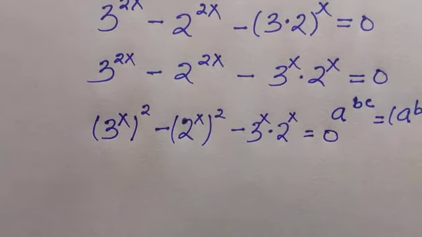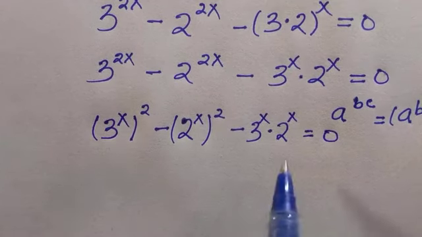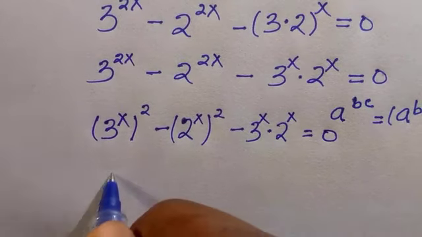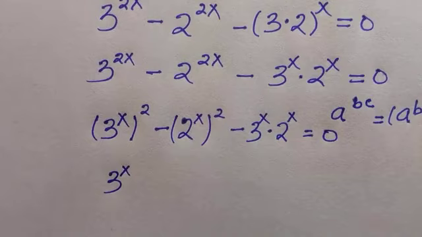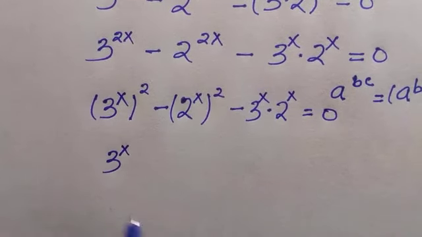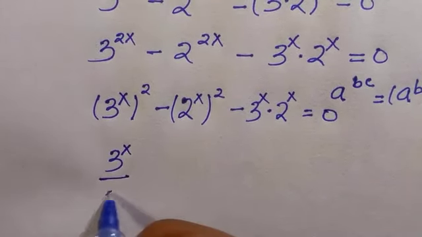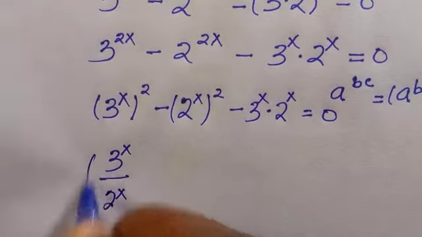Then the next thing is, if I divide both sides by 2 raised to power x all raised to power 2, then we have this as 3 raised to power x. Since I'm dividing both sides, and both of them are sharing the square, I will have it like this.